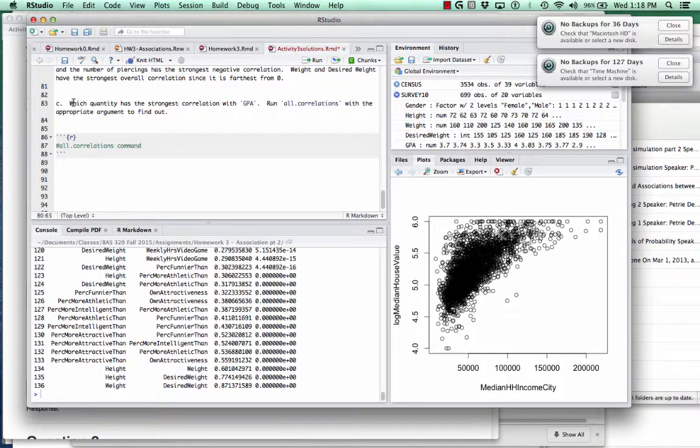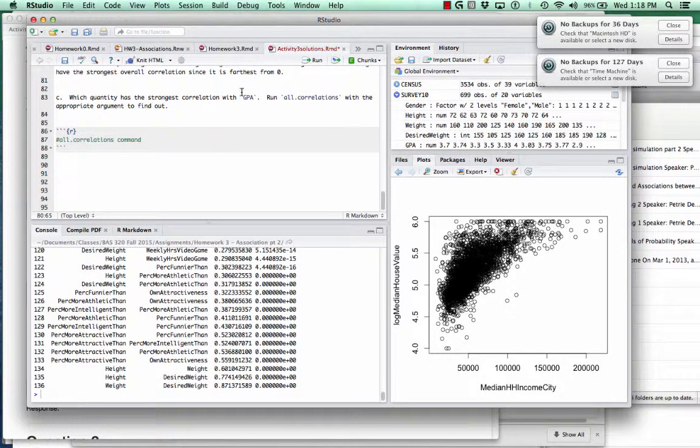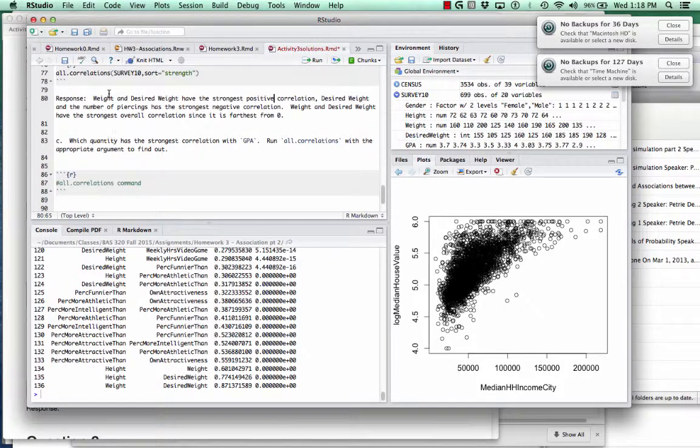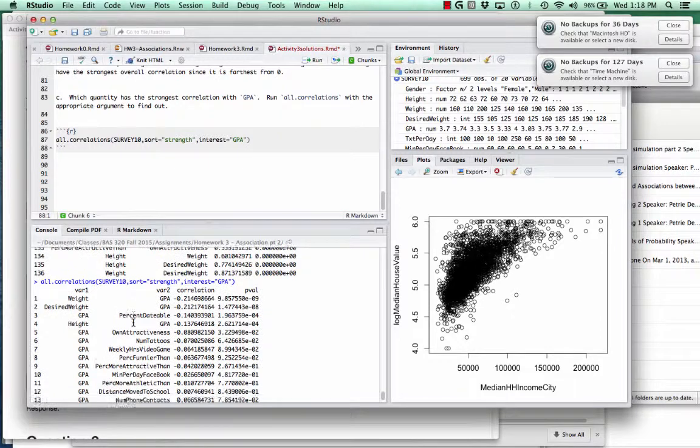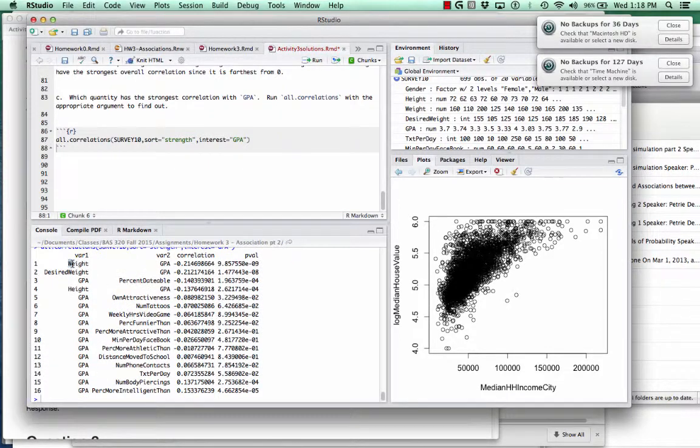And then finally, I'm asked which quantity has the strongest correlation with GPA. Well, we can rerun all correlations, just isolating our variable of interest. So I can say interest equals, and then the name of the column that corresponds to GPA. We're going to run this, and it looks like the most negatively correlated variable is weight, with a correlation of minus 0.2.